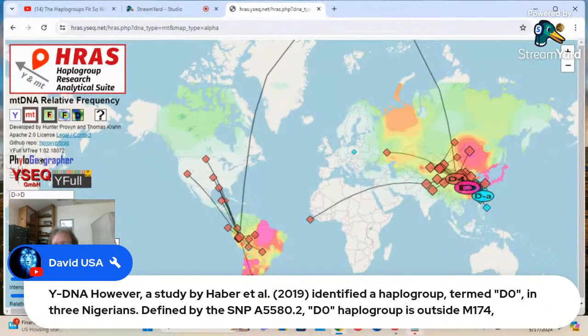So there you have it. DNA doesn't lie. It surprises you every time, and it's always absolutely true. That's what's so impressive about DNA. Right there in front of us.